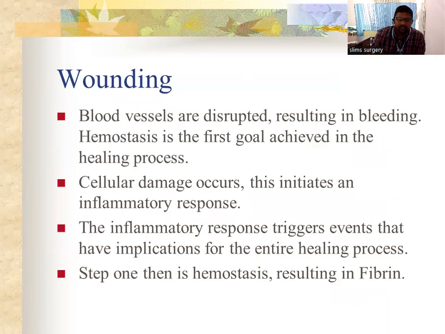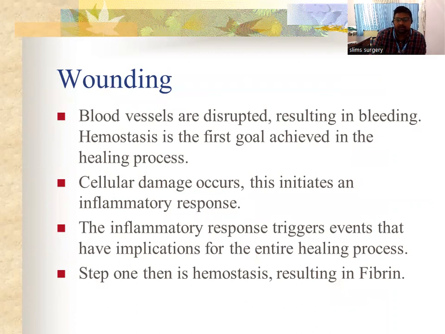First, the injury, where the blood vessels are disrupted, results in bleeding from anywhere in the body. So there comes your hemostasis. The first goal in the healing process is to achieve hemostasis. As I told you earlier, cellular damage occurs, and whenever there is cellular damage, the inflammatory process will be triggered.